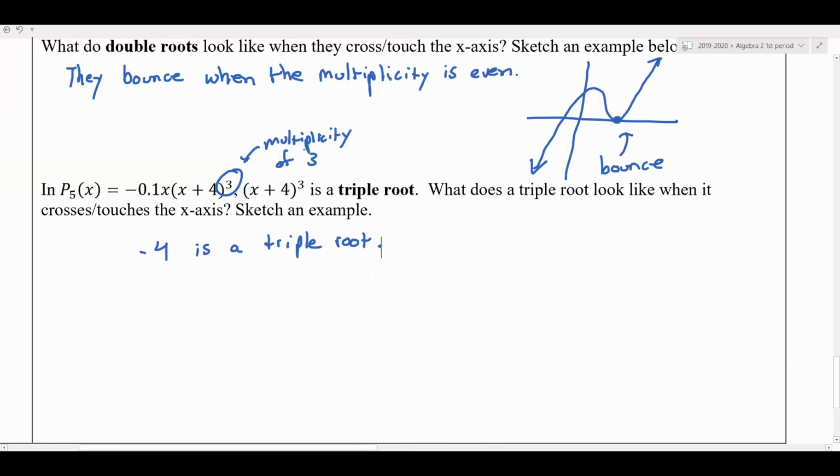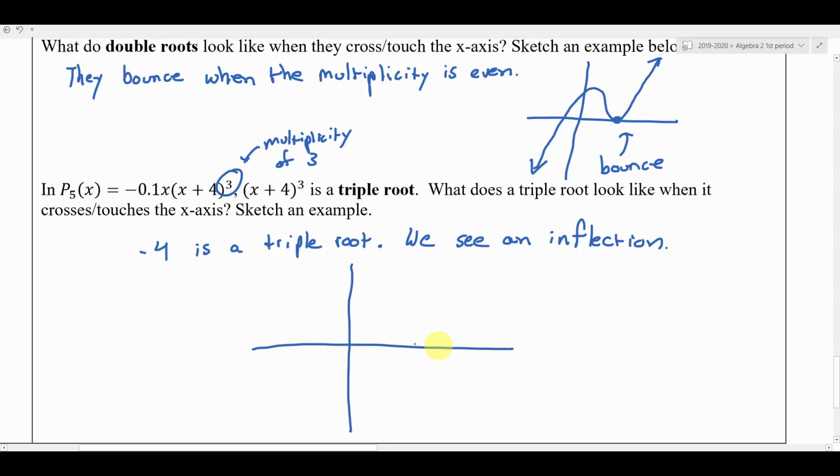Okay, so let's see here. So at triple roots, we see an inflection. Okay, and I'll draw an example of this for my notes. And let's say pass through, right?